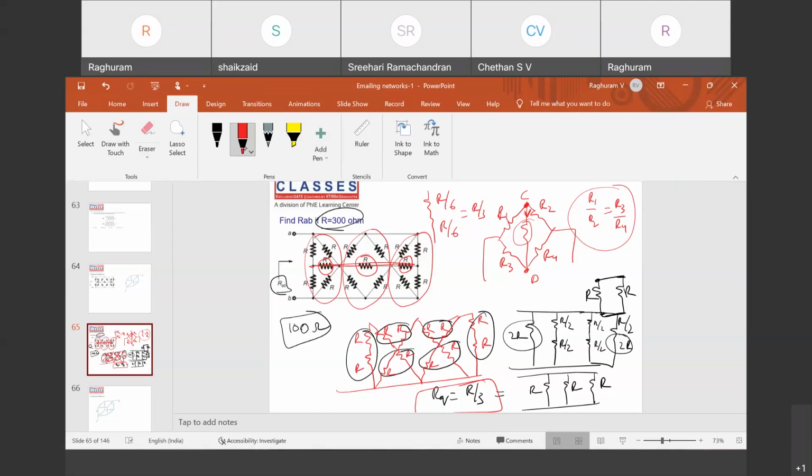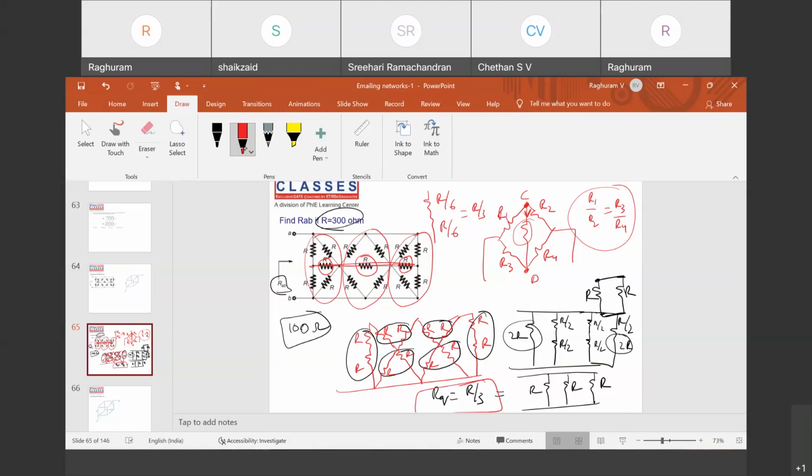In GATE, for electrical people, all other bridges are there in measurements, not in networks. You have only the Wheatstone bridge in networks. For all others, you'll have measurements, for EEE students. For EC students, there are no other bridges. Instrumentation students again will have all the bridges.